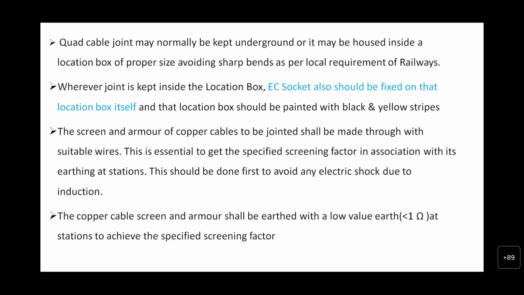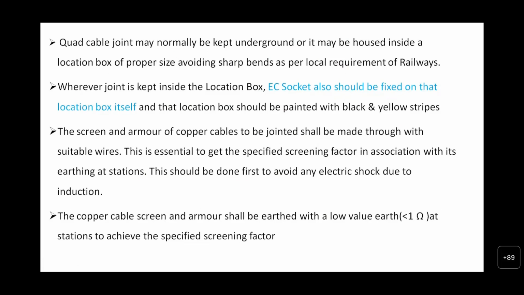Quad cable joints may normally be kept underground, housed in a location box of proper size, avoiding sharp bends, as per the local requirement of railways.